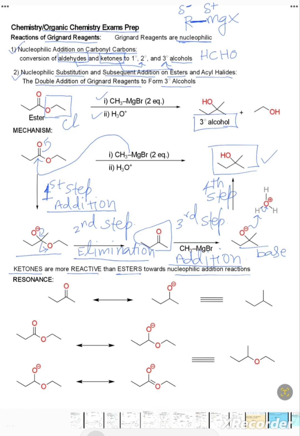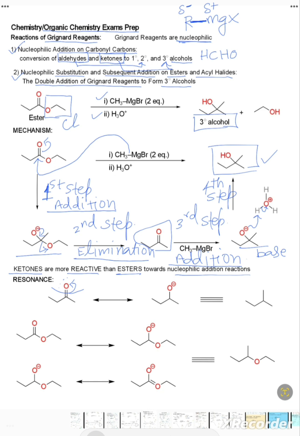So we can see the resonance structures here. If you have a ketone, we can show the resonance like that, because oxygen is more electronegative than the carbon, so this pi bond is more towards the oxygen.